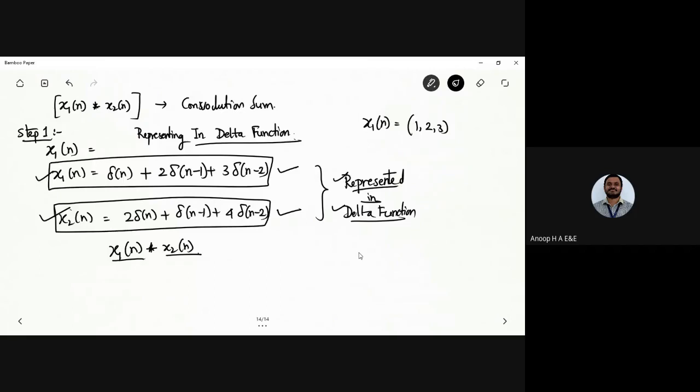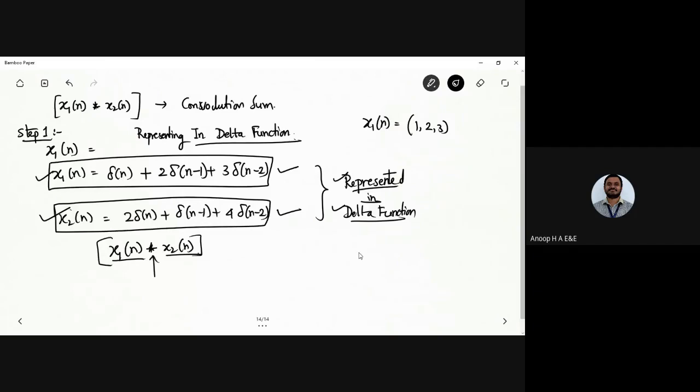So how will you define the impulse response? It is defined as the input. When it is an impulse signal, the response of a signal is defined as the impulse response of the signal, right?